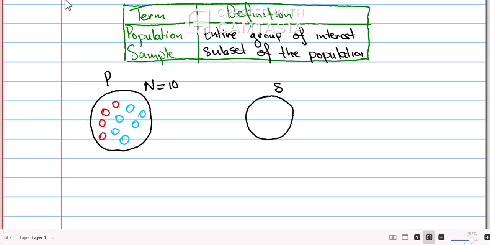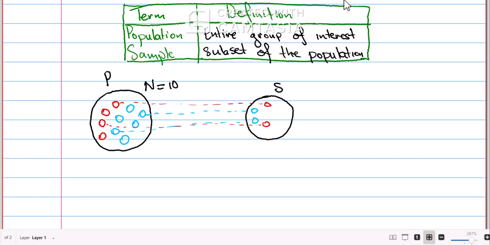Then for the sample, we are going to take some cars from here and put them in the sample. We can take maybe this one, then this one, then the red one, then maybe this one.